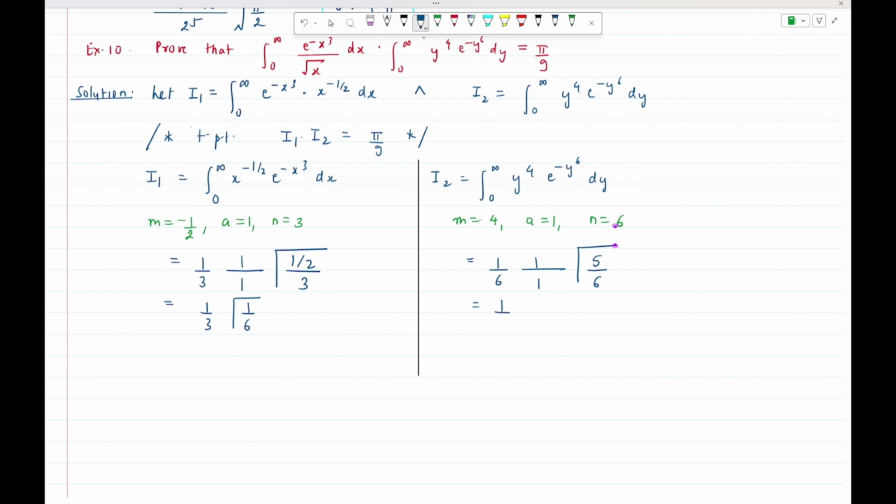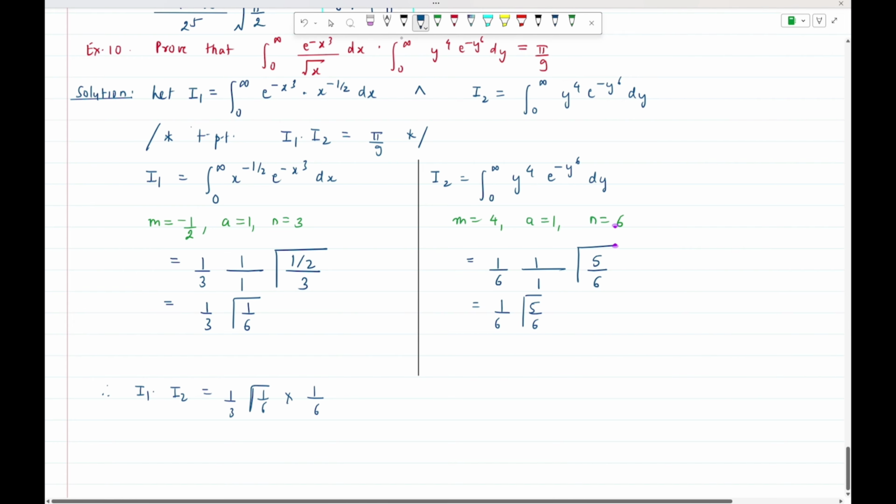So this is going to be 1 over 6 times gamma of 5 over 6. So thus we have that I1 times I2 is equal to 1 upon 3 gamma of 1 by 6 into 1 upon 6 times gamma of 5 over 6. So this is actually 1 over 18 gamma of 1 by 6 times gamma of 5 by 6.